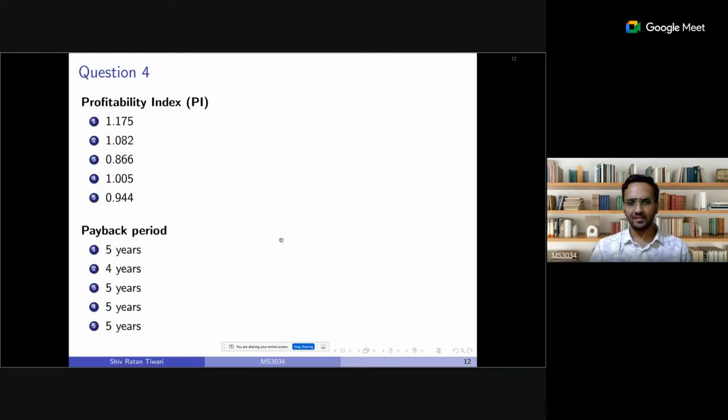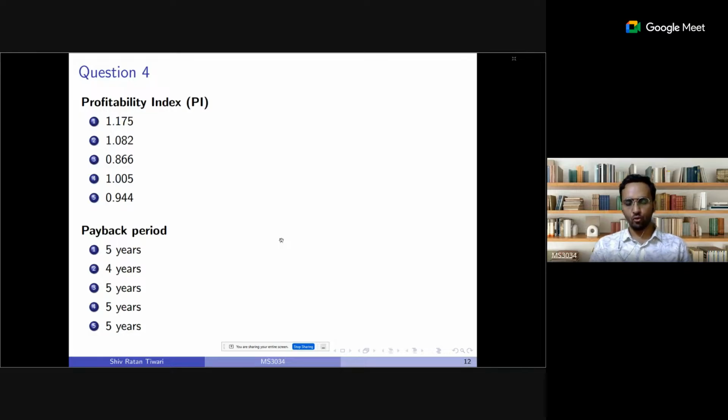But here we take the simple example: only in the second project I get my payment back in 4 years, and in all other projects I get my payments in 5 years. So according to the payback rule, I should choose project 2.